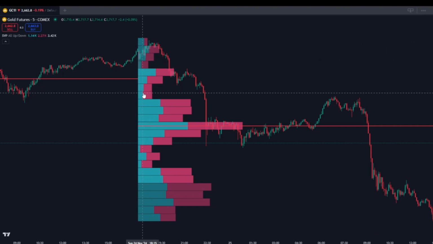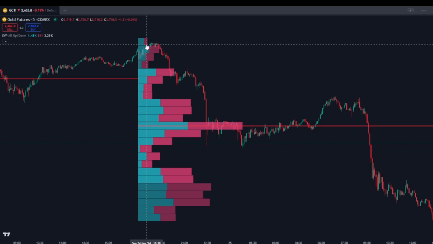We have volume over time, but what we are looking at is volume at a certain price point. So the amount of volume traded in this 2,722 range, up to the 2,725 range, we have this amount.